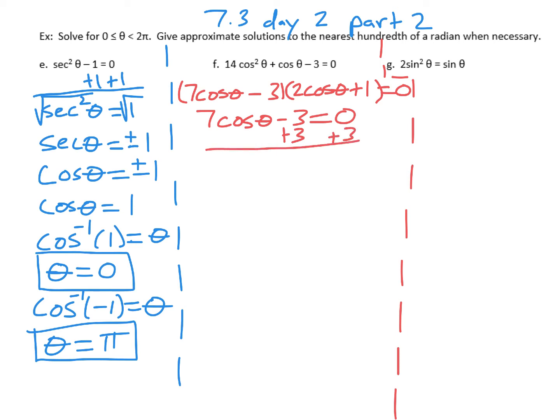We won't see anything in this process that we haven't already seen. Right, I'm adding 3, dividing by 7. Remember, that's all aimed at the trig function. Needs to get by itself, and it is, okay?